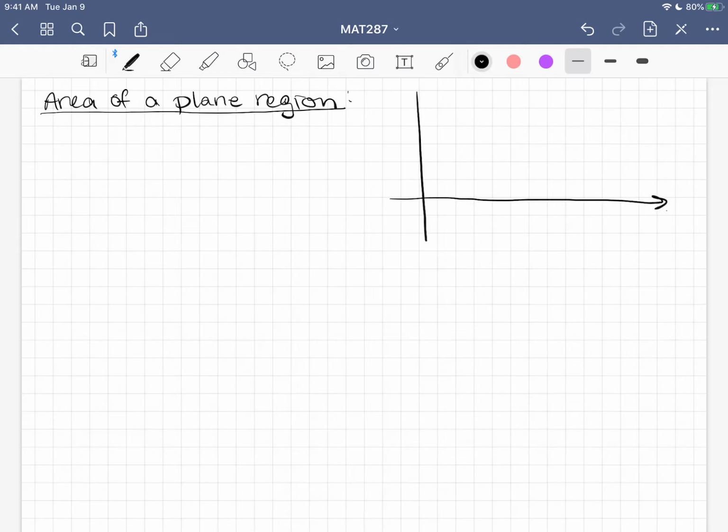Okay, so we're going to sketch a picture here of two imaginary functions. Let's call this one g2 of x and this one g1 of x.